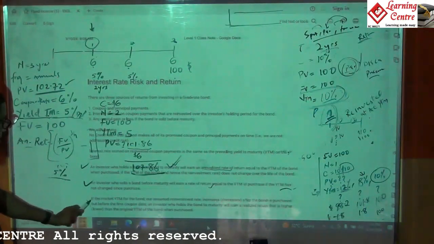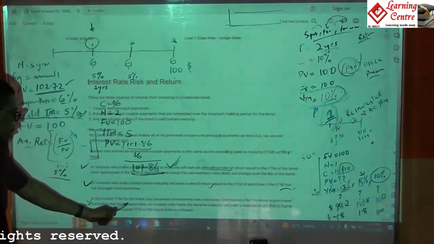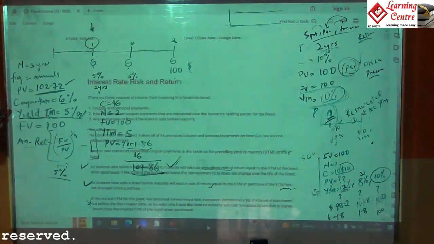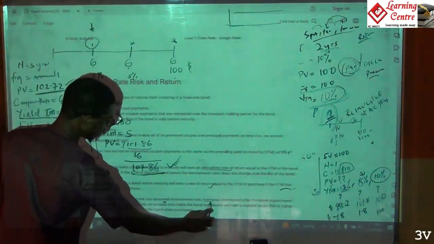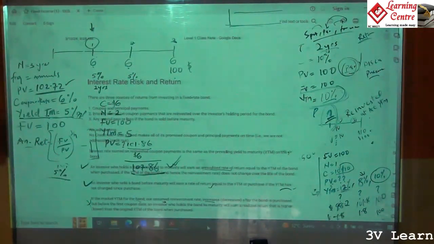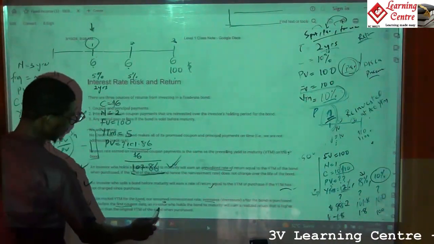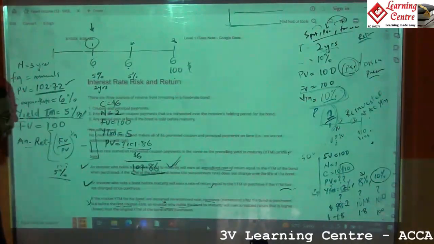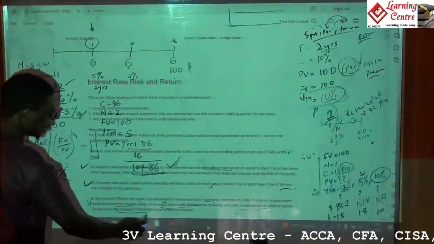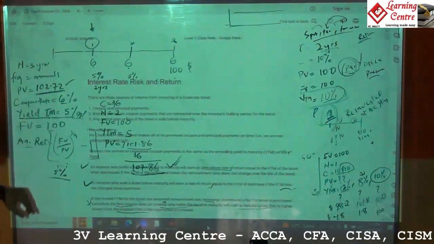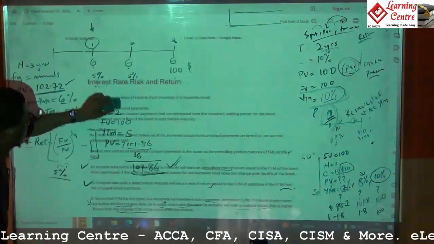Okay, so let us do the third scenario. The market's YTM for the bond, our assumed investment rate, increases, right? Before the first coupon is paid, right? An investor that holds the bond to maturity will earn a realized return that is higher than the YTM.